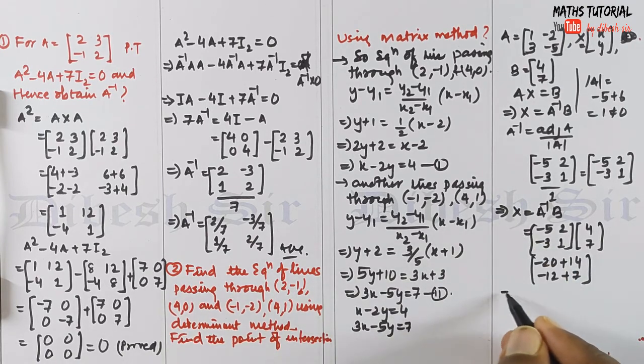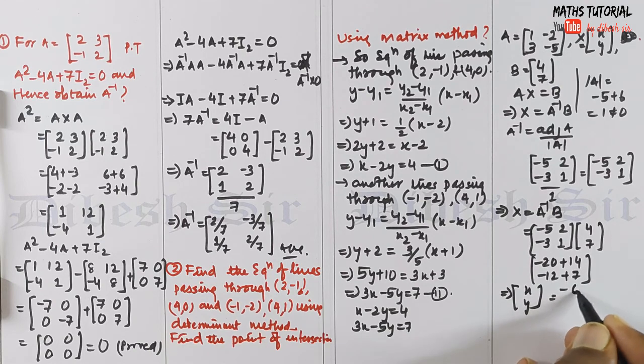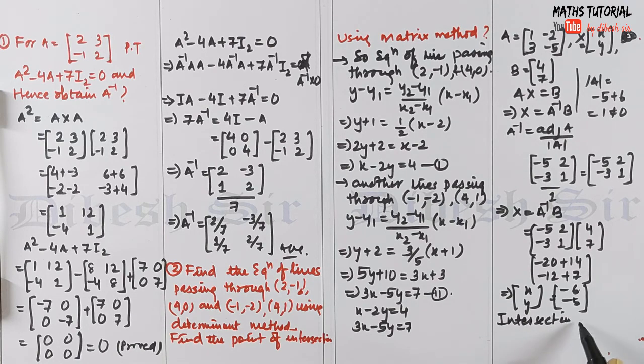So X means [x; y] is equal to minus 20 plus 14, that is minus 6, minus 12 plus 7, that is minus 5. So clearly x is equal to minus 6 and y is equal to minus 5. This is our intersection point. So the intersection point is x equal to minus 6 and y equal to minus 5. This is our final answer.